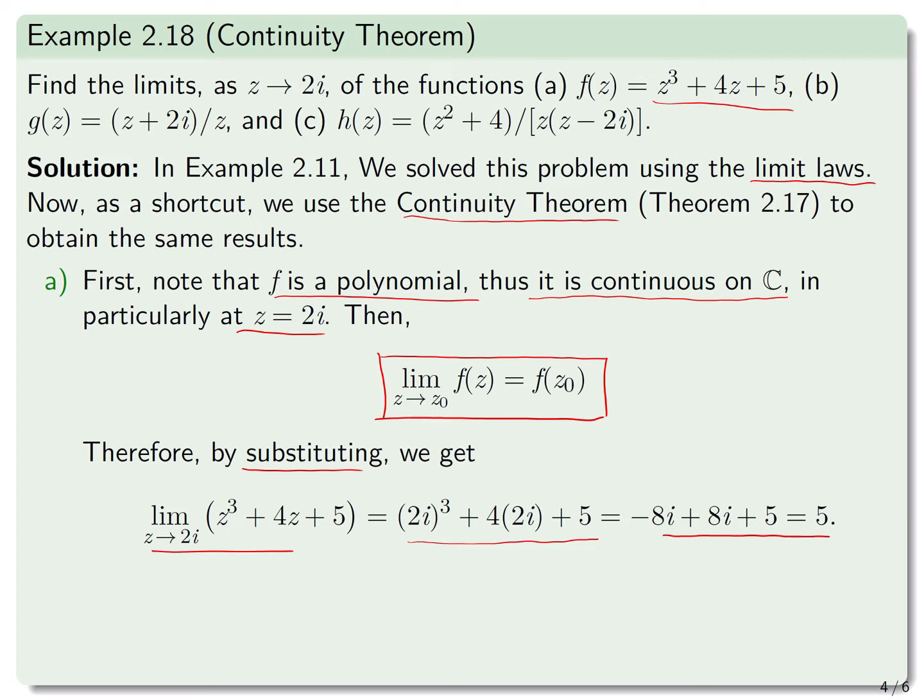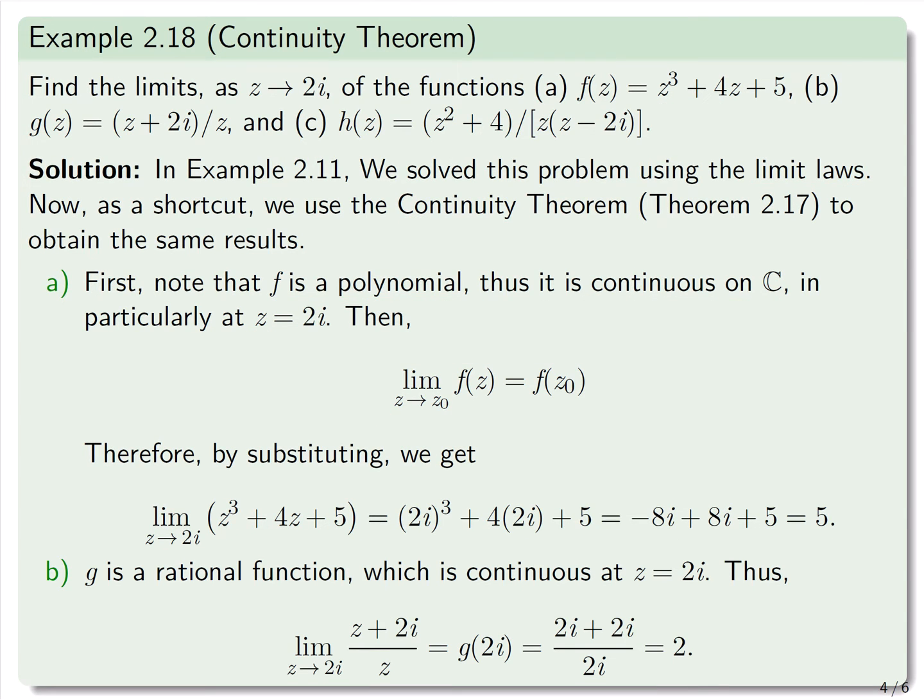So that's a shortcut to find the limits. If you use the limit laws, you have to break it down into several parts and find them, so that's a lengthy process. But right now you can get the answer much quicker using the continuity rule. Try to see the difference between the two.